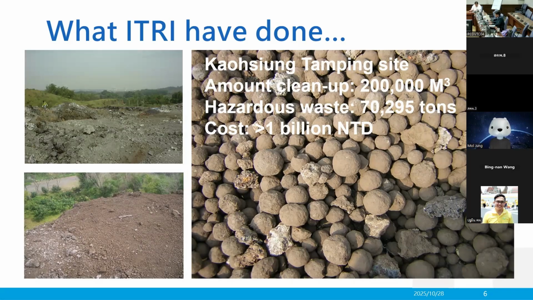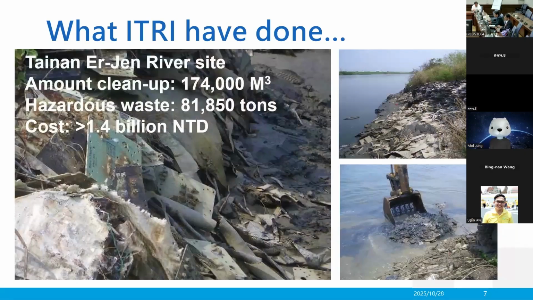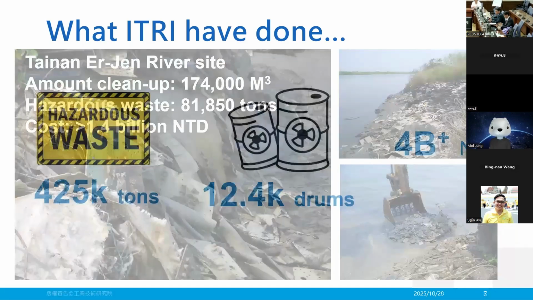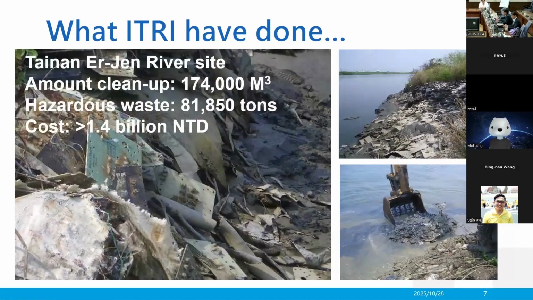We also have another site, the Tainan Urban River. We have cleaned up about 174,000 cubic meters, and the hazardous waste is almost 82,000 tons.